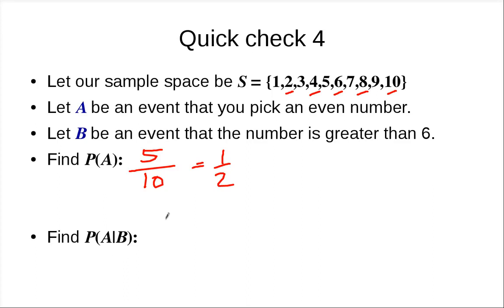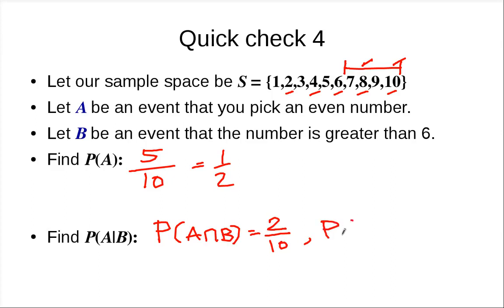We know the probability of A, so we have to figure out A given B directly, or figure out the probability of A intersection B. Let's do it the slow way. B is greater than 6, so these are the set. Then A intersection B is just 8 and 10, so it's 2 over 10.